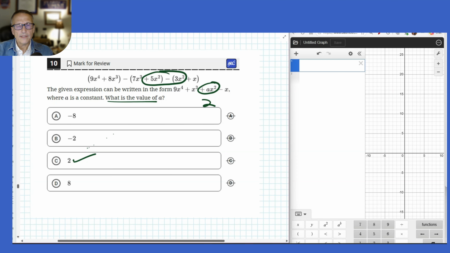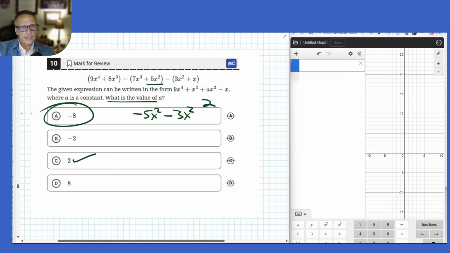But they forgot that before you can combine like terms, you've got to be careful to remove the parentheses. This 5x squared, when you distribute that minus that's in front of the parentheses, it actually becomes negative 5x squared. And then that minus gets distributed and it becomes minus 3x squared.